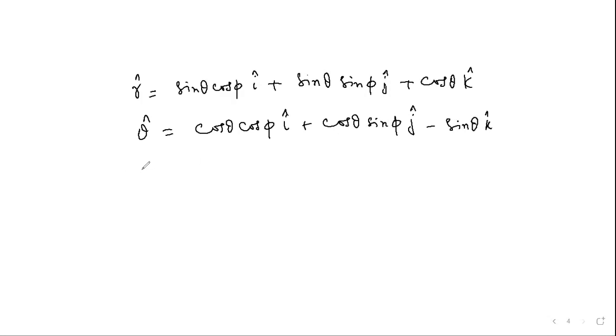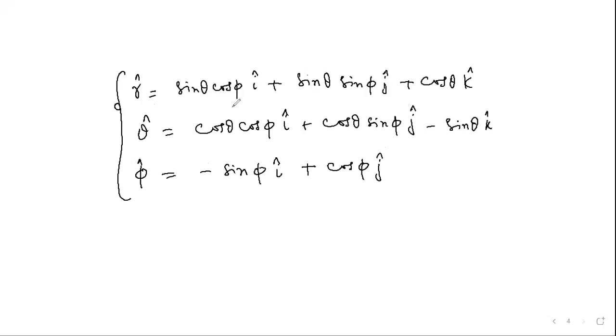Then phi cap is written as minus sine phi i cap plus cos phi j cap. These are my relations, how we express these three unit vectors in terms of i, j, k.